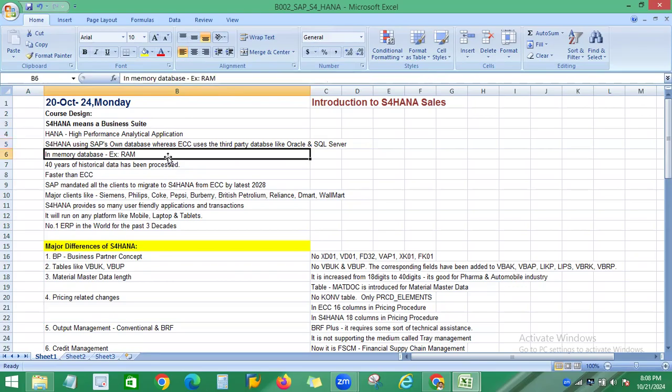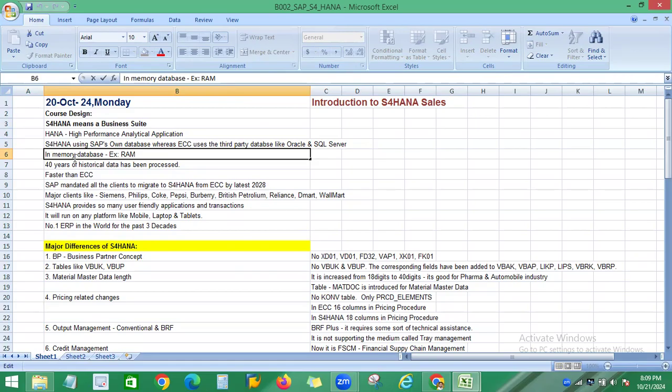And one more thing is that SAP S4 HANA is an in-memory database. Guys, while you are purchasing a mobile, a very important parameter we consider is the RAM.